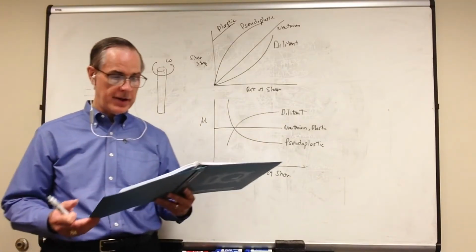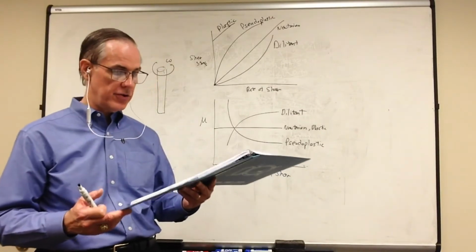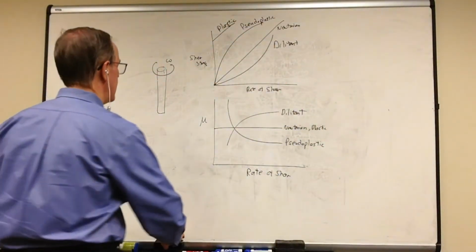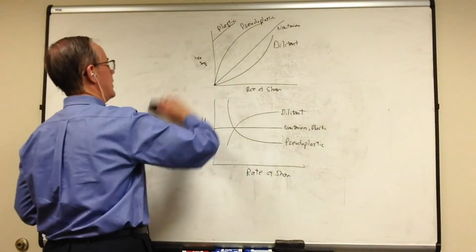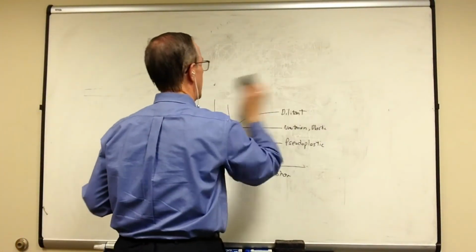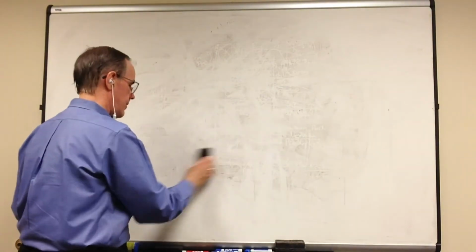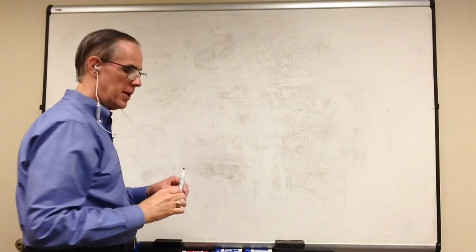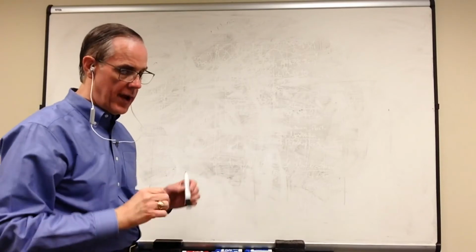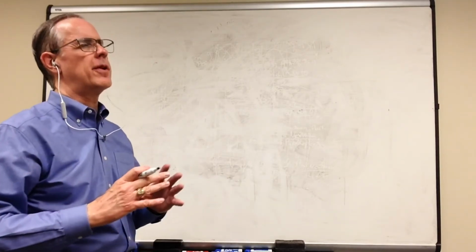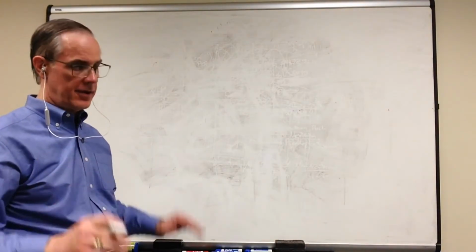But there are some things which I'm going to caution you about. One of them is, let's go ahead and erase all this. Like I said, all of this is in my monograph. You can read it, take it in. There are two ways of expressing viscosity.